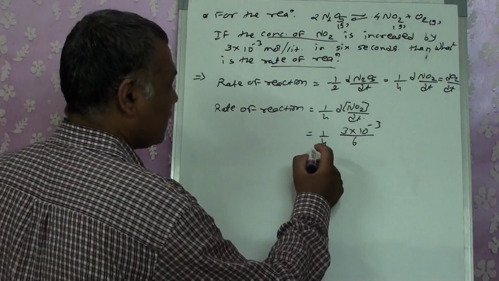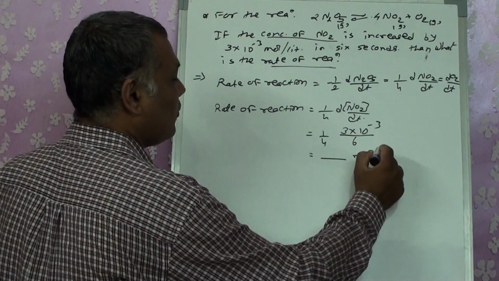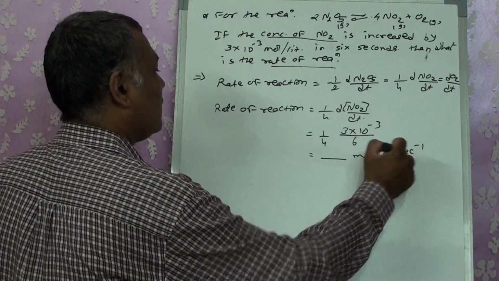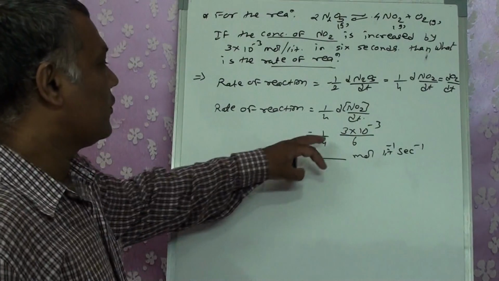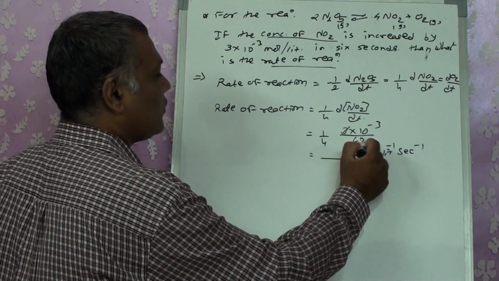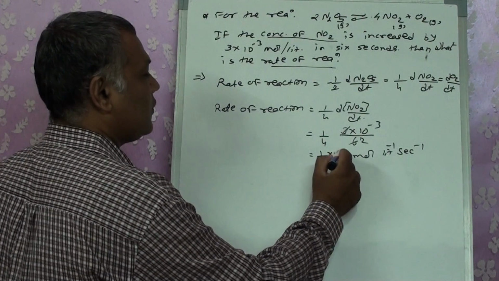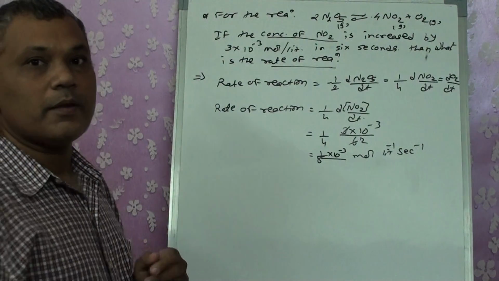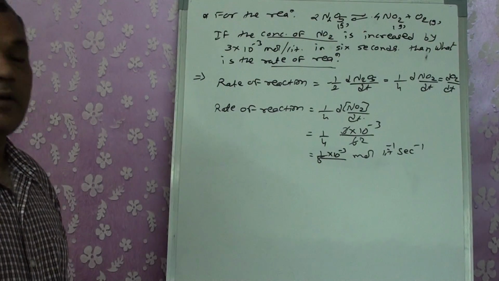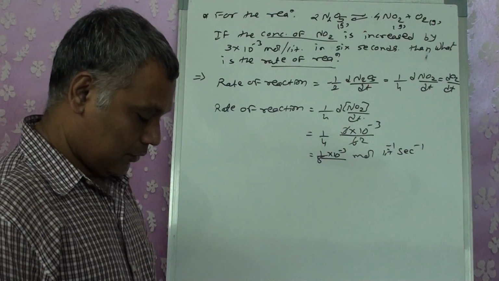So what is the answer? The unit is mole per liter second inverse, or we'll write it as mole liter inverse second inverse. Simplifying, you will get the answer as 1 by 8 into 10 raised to minus 3, right? So that is the rate of the reaction, a simple sum, if it is given to us to calculate the rate of the reaction.